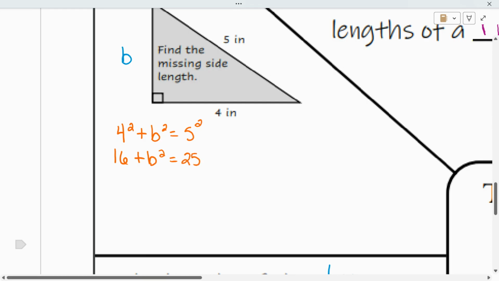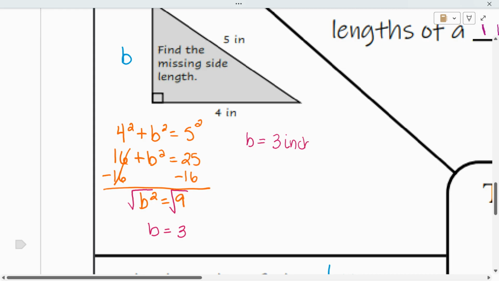What would you do next if you're trying to get B squared by itself? Yeah, subtract 16 from 25. Good job. We're going to subtract 16 from both sides. So B squared equals 9. And then what? Square root it. Yeah, square root of both sides. And we find out that B equals 3. So the missing side length is 3 inches. It's not squared. It's just 3 inches. Don't forget your units, okay?